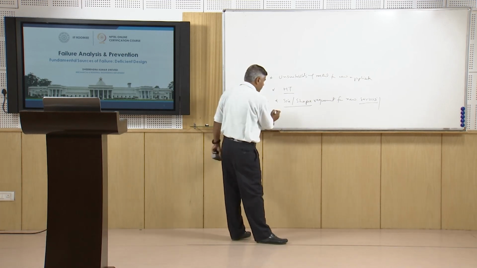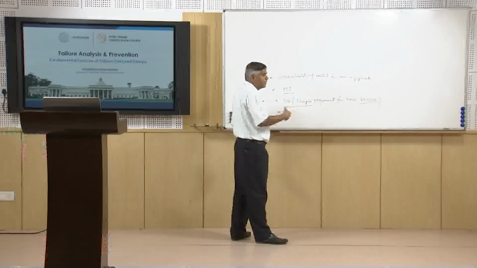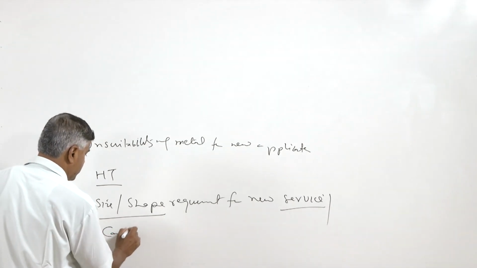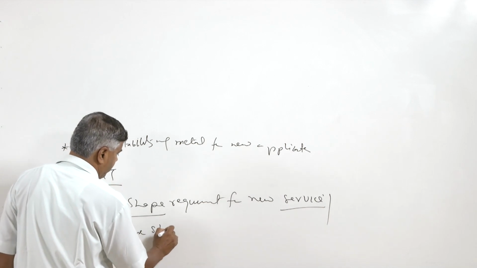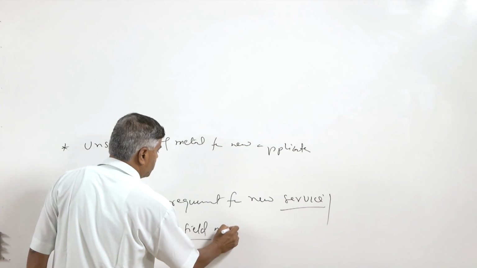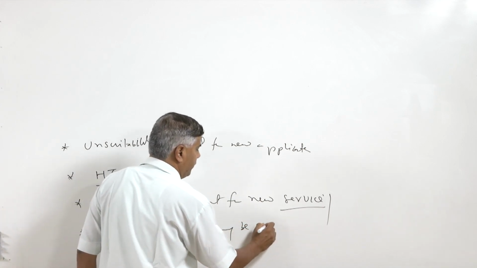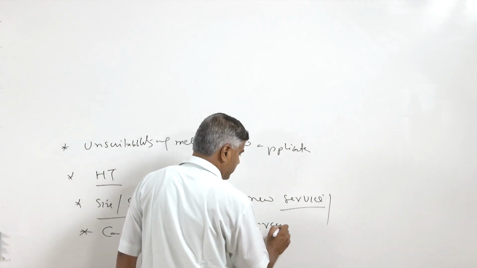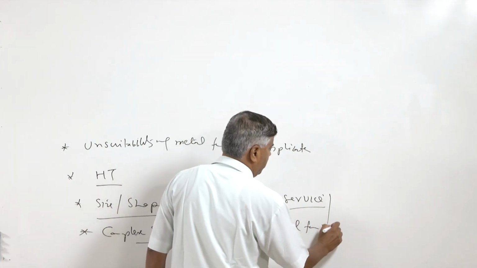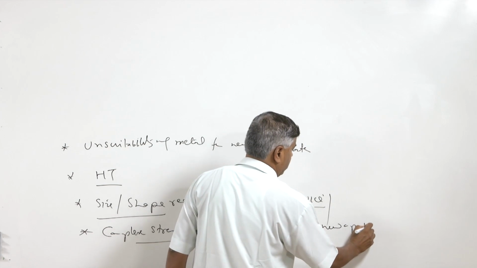So, the complex stress conditions for the newer application may also lead to the failure. So, the point is that the complex stress field may be crucial for the new application.